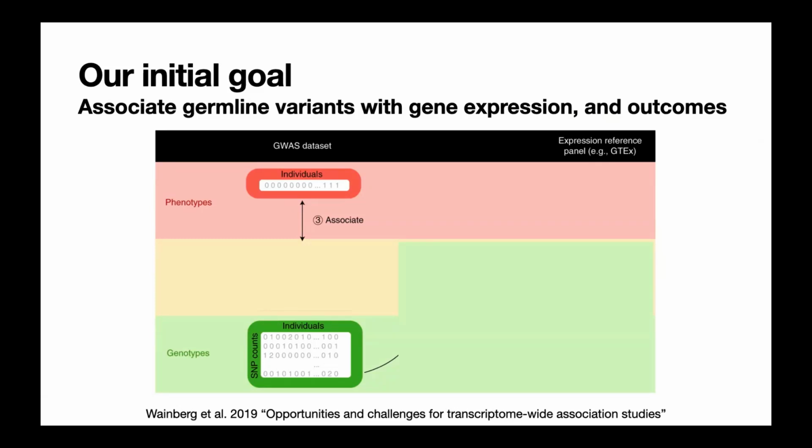Here's a sketch of what we want to do. Instead of associating DNA, germline DNA or genotypes, this green box, we want to find associations between germline DNA and phenotypes, so survival outcomes in breast cancer.